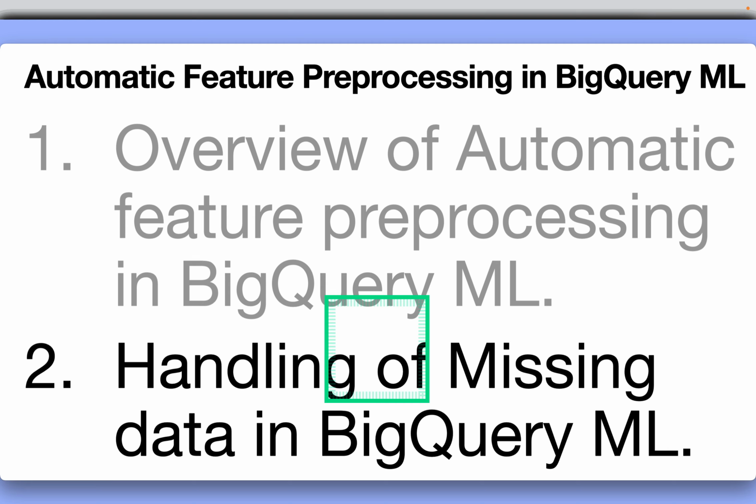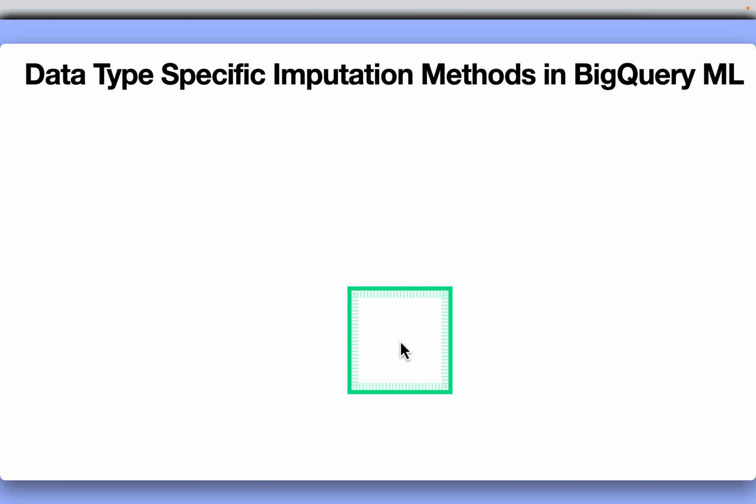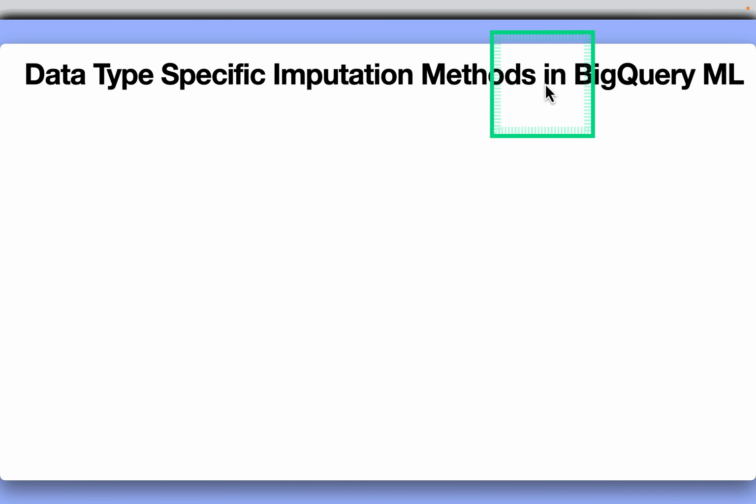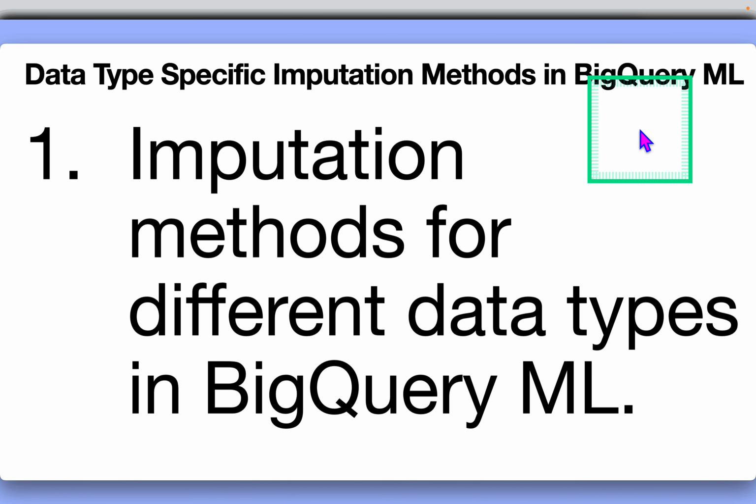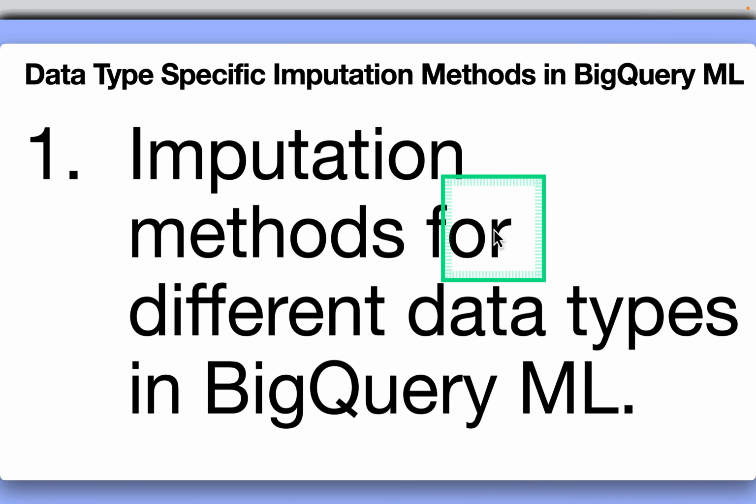BigQuery ML treats null values as missing data during training and prediction. The handling of missing data varies based on the column's data type. So, data type specific imputation methods in BigQuery ML. BigQuery ML uses varying imputation methods depending on the data type of a column.